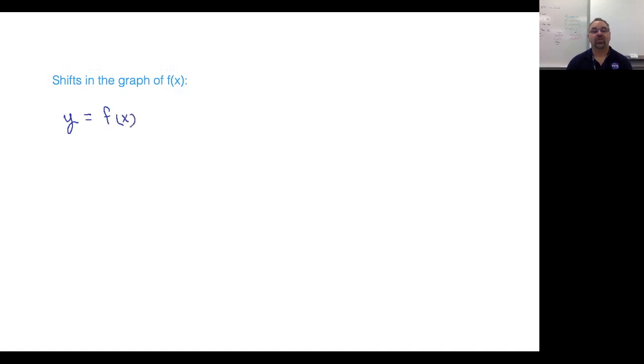And what happens if I take a look at that function, I realize that maybe all I've done for another problem is taken that original function and just added a constant or subtracted a constant to it. So if I add or subtract some constant c, what happens? Okay, and I'm going to use the specific example of a square root.